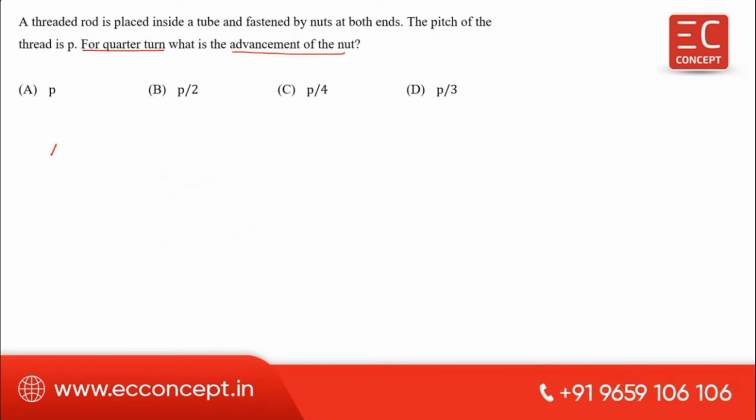We can write advancement of the nut is equal to the number of turns.